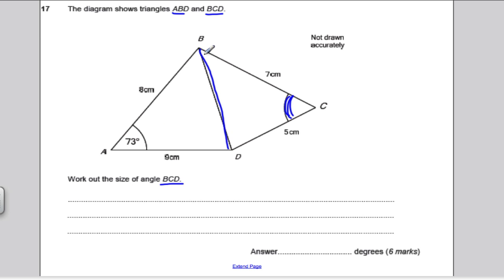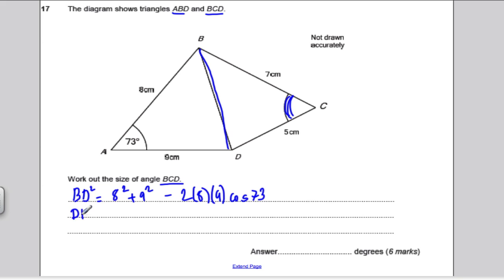We can use the cosine rule for that, and that says that the side you're trying to find squared is the sum of the squares of the other 2 sides, subtract 2 lots of those sides times cos of the angle between the 2 sides, cos of 73.